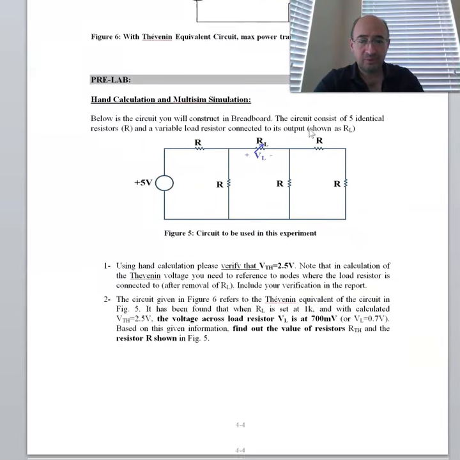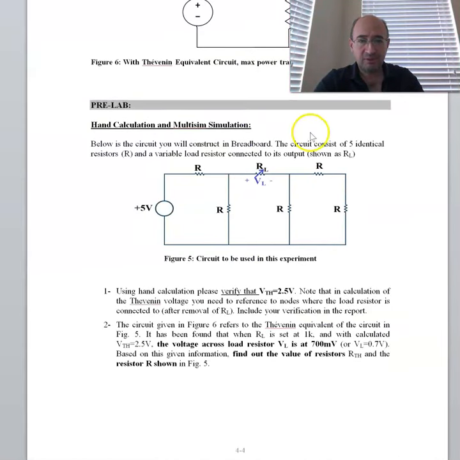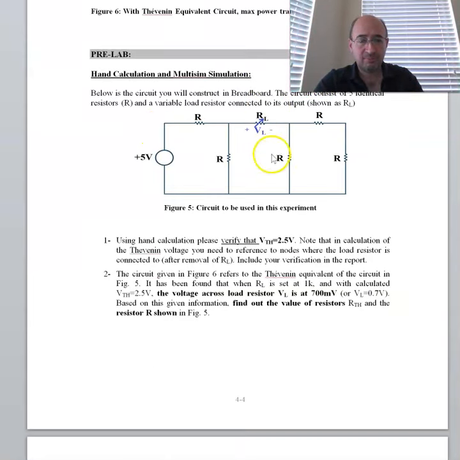In this lab, you have a design problem. We're giving you a similar circuitry to the one above. Input voltage is specified, and we've got the resistors given as R. They're identical resistors, and you have to figure out their values.